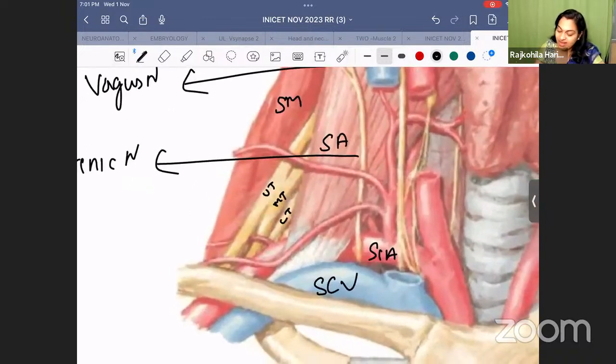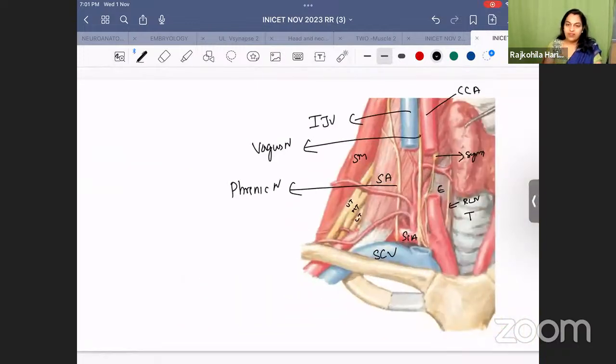This is the trachea, this is esophagus. So in the tracheo-esophageal groove, this is the recurrent laryngeal nerve, right? And another thing behind the carotid sheath, this is the cervical part of the sympathetic trunk, right? So you should know the location of these nerves.